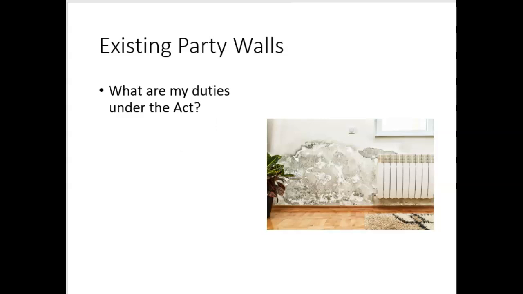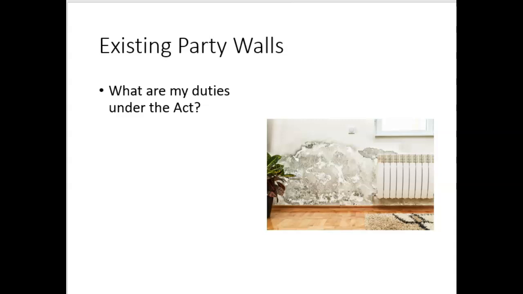So you have to serve them with a notice. Both the government and the RICS guidance notes give you a standard letter to send to the adjoining owner. Use it. Don't make up your own, because you've only got to make one typo and the whole thing's invalid. So use it.